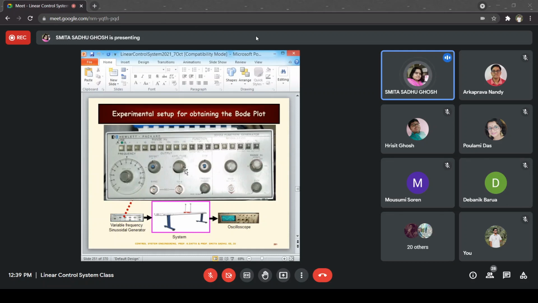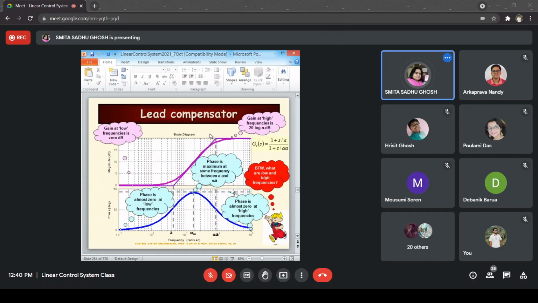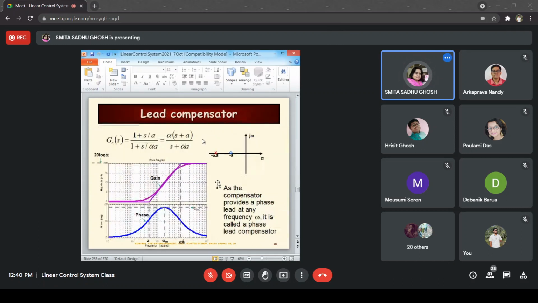You can just see the amplitude can be varied, frequency can be varied. What I wanted to show you is, in case you have forgotten, this is a typical amplitude plot or magnitude plot. Magnitude on this side, frequency on this side. Corresponding to one frequency, you get a certain magnitude, so you put the point there. Then corresponding to another frequency, you get another amplitude, right?